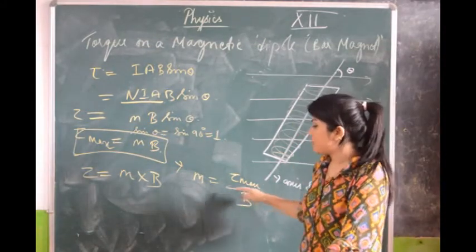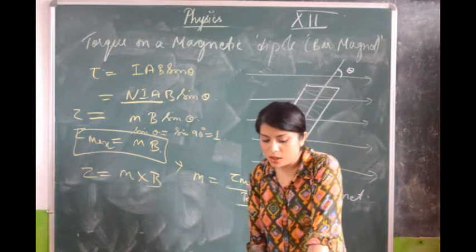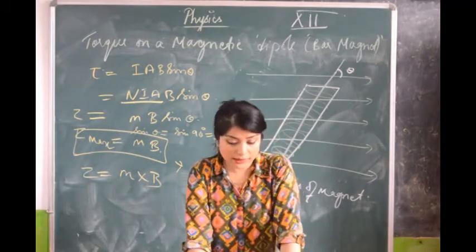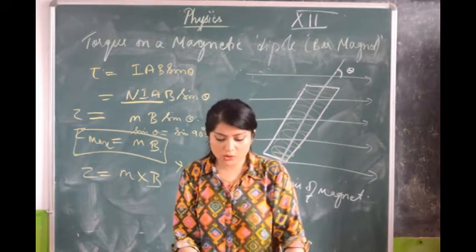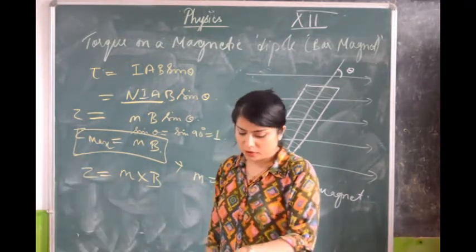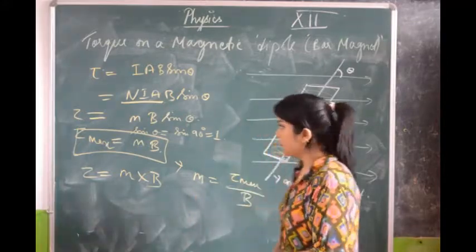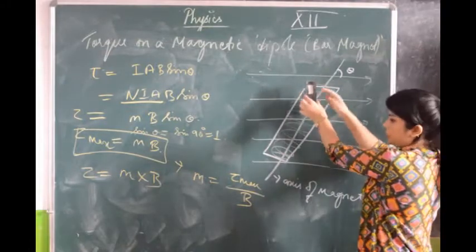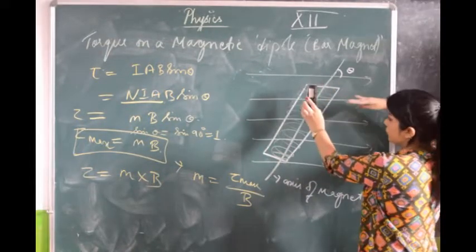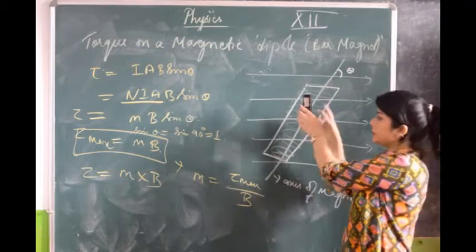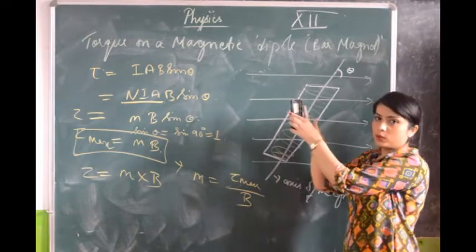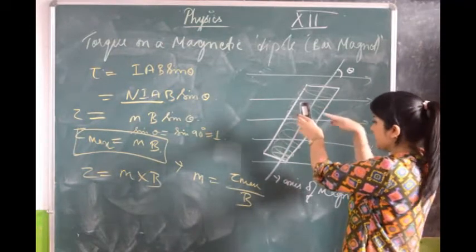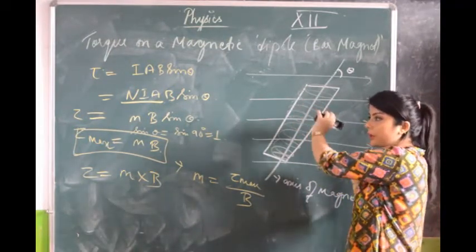So the magnetic moment is numerically equal to the torque acting on the magnet when held perpendicular to a uniform unit magnetic field. When the axis of the magnet is held perpendicular to the magnetic field, the bar magnet will experience maximum torque. Perpendicular means 90 degrees, and the maximum torque will be experienced.